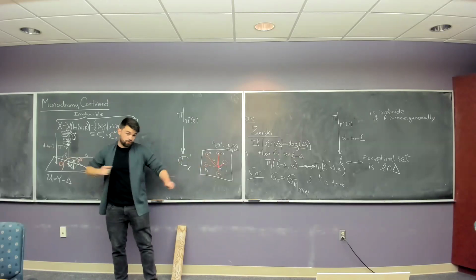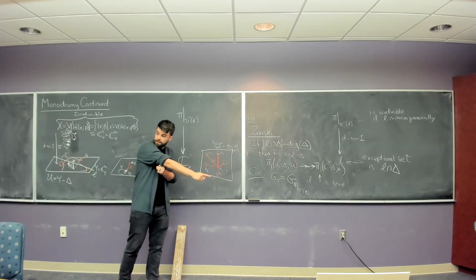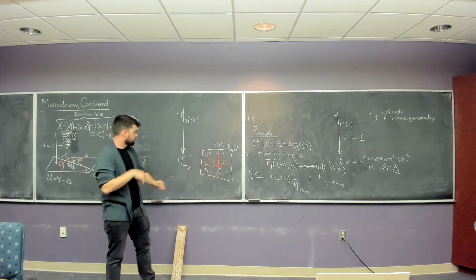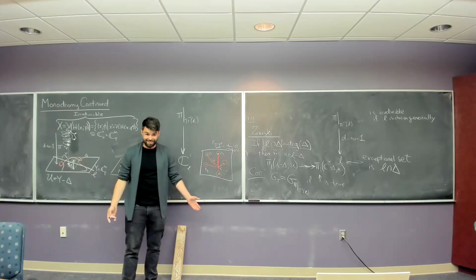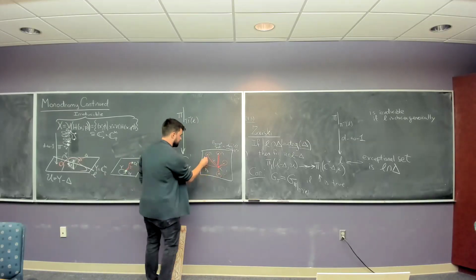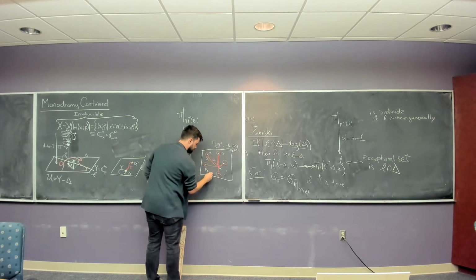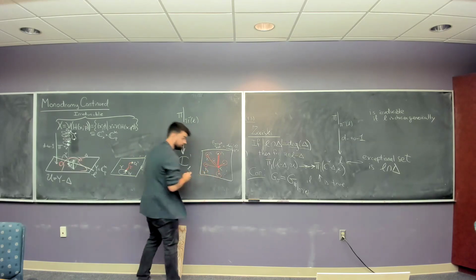What are they? You go straight to one of the exceptional points, and then you do an itty bitty loop around it. Okay. Each of these is some element of the fundamental group of the plane minus a bunch of points. Okay, let me call them gamma 1 all the way up to gamma D.